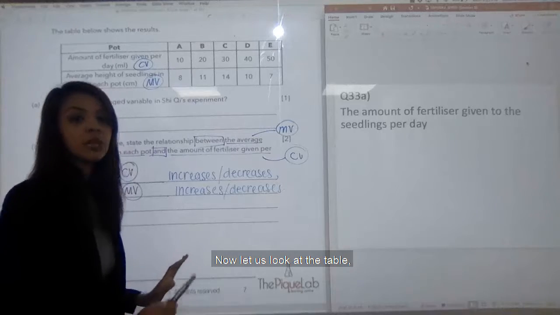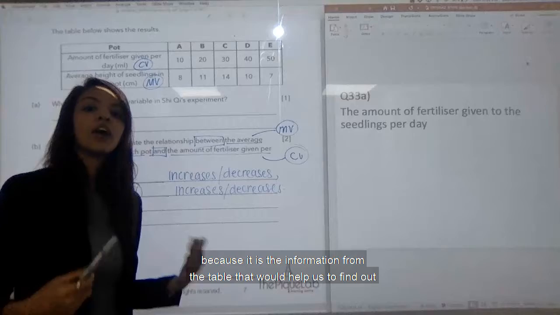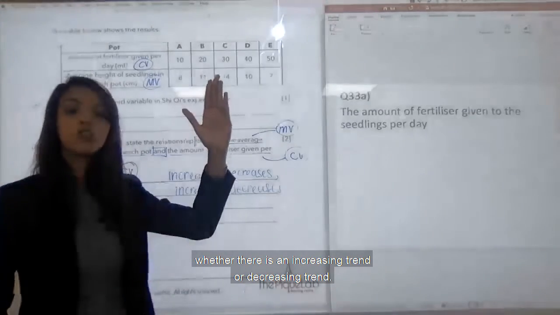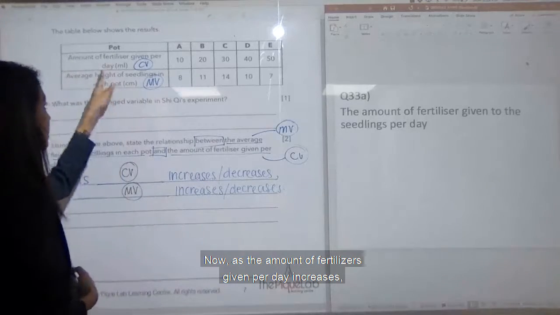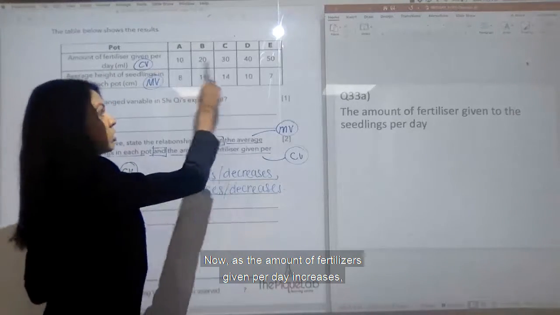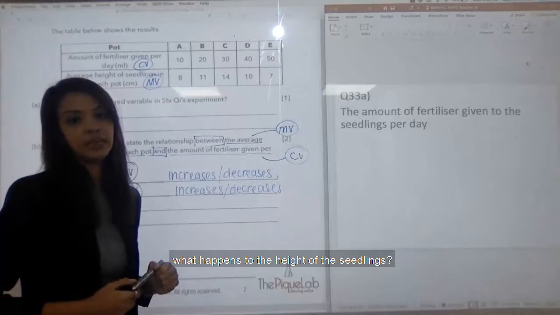Now let us look at the table, because it is the information from the table that would help us to find out whether there is an increasing trend or decreasing trend. Now, as the amount of fertilizers given per day increases, what happens to the height of the seedling?